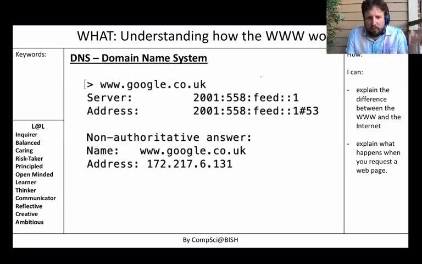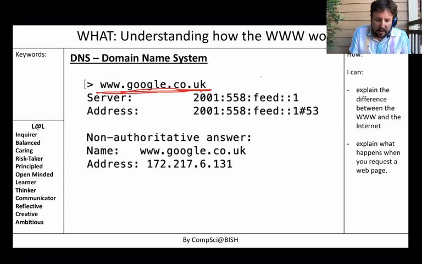The way that our computer finds out the IP address from a domain name is they use what's called the domain name system. They use a domain name server, and you can go and do this on your own computer at home if you want. Basically our computer goes off to the domain name system and says, I've got this domain name, please can you tell me the address.